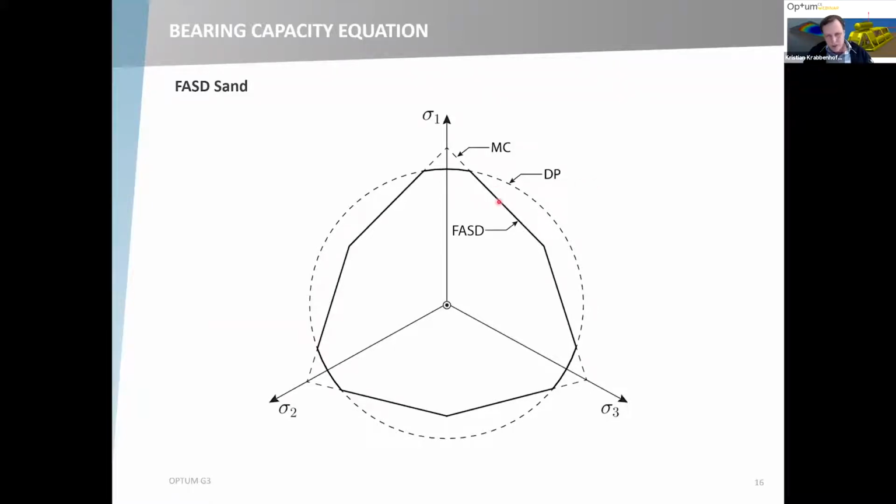That difference can be taken into account with the so-called FASD model, the friction angle stress state dependent sand model, which is simply a combination of the Mohr-Coulomb criterion for the plane strain angle, which would give a friction angle that's too high in triaxial compression, so you cut that corner off with a Drucker-Prager circle.